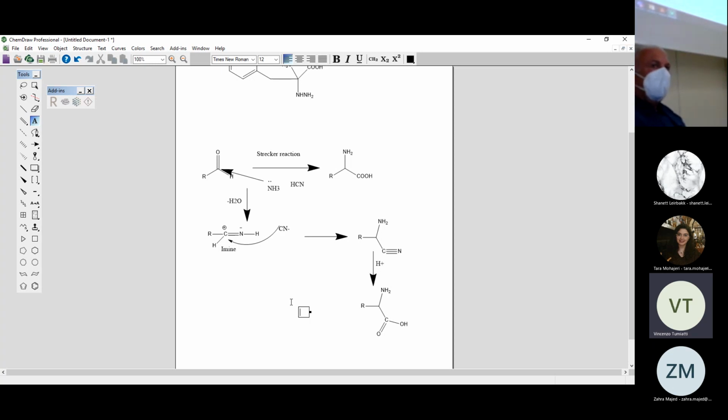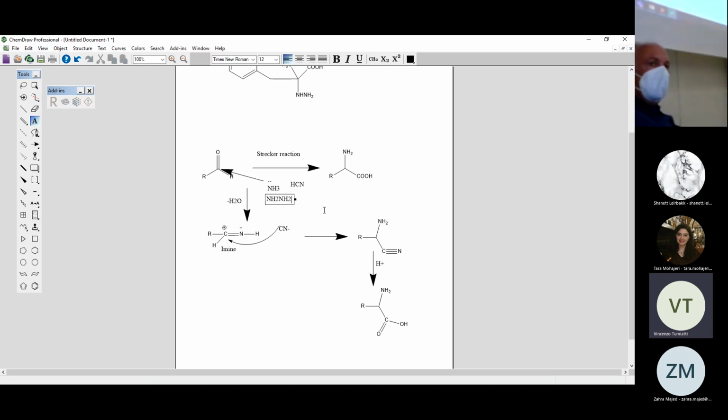The same reaction can be applied for carbidopa, but instead of ammonia, we can use hydrazine. Hydrazine is NH2, NH2.